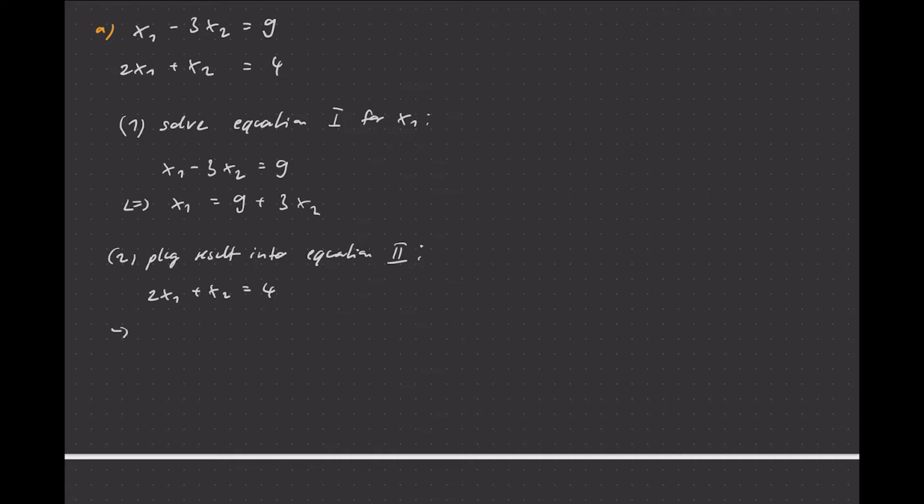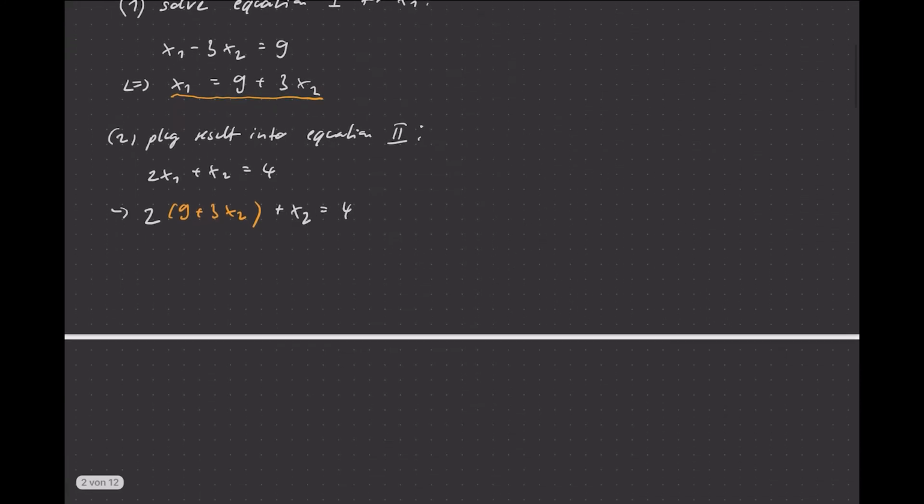And that means if we plug in this relation here, x1 equals 9 plus 3x2, what we get is 2 times 9 plus 3x2 plus x2 equals 4. Now we have an equation that only contains one variable anymore. So we can try and solve this.